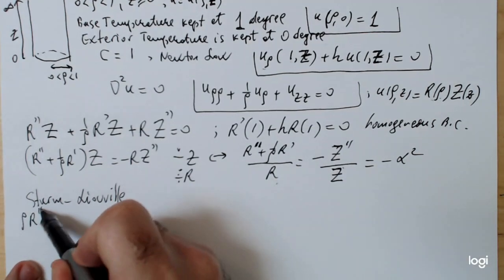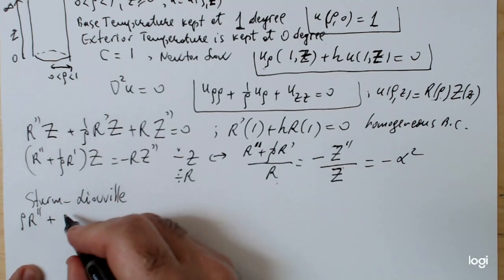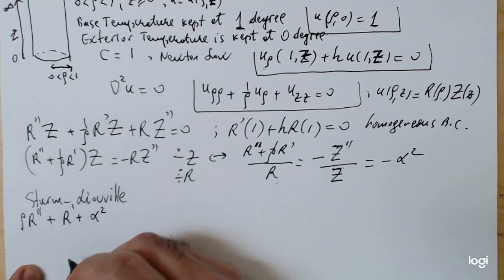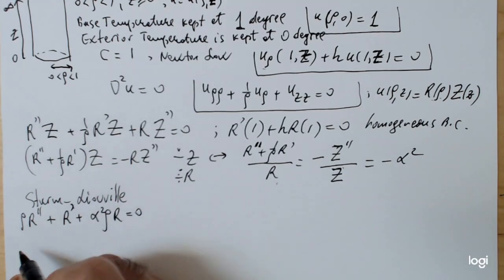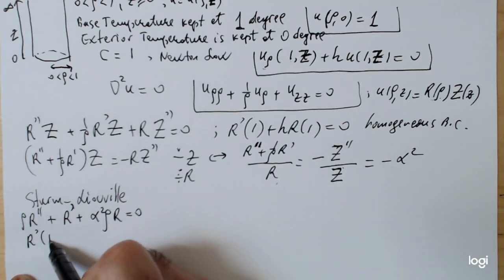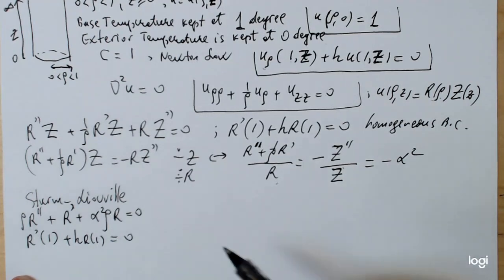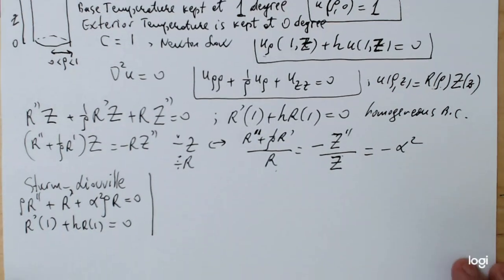It's going to be a Bessel equation of order 0, rho R double prime plus R prime plus alpha squared rho R equals 0, with the boundary condition given by R prime of 1 plus h R of 1 equals 0. That's the Sturm-Liouville problem.